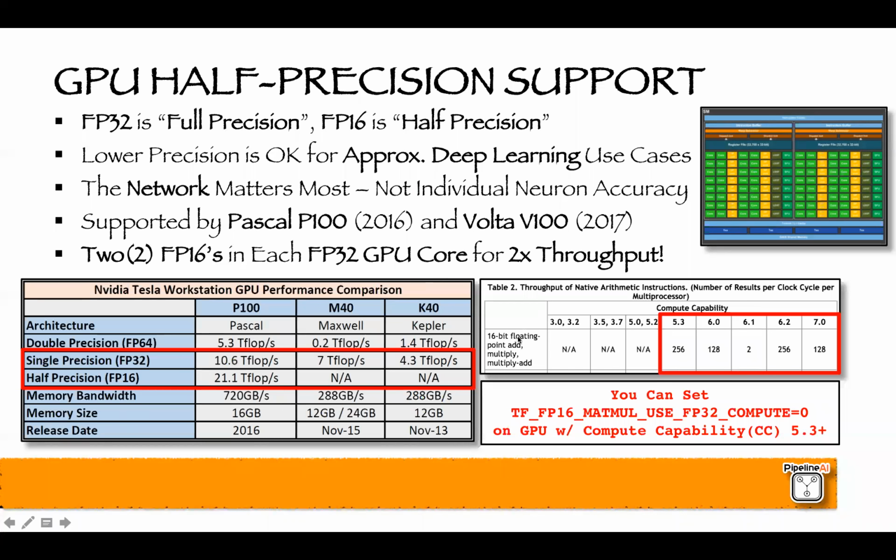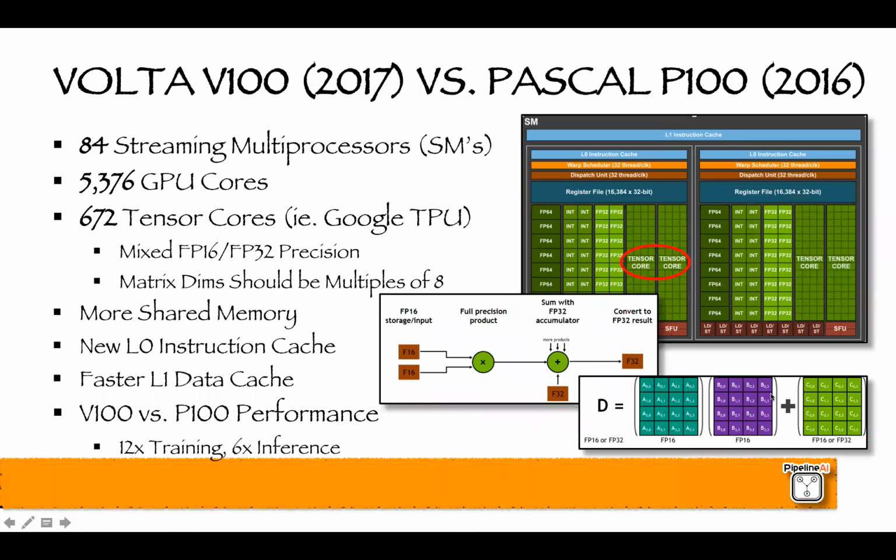So this is in reference to the 16-bit floating point add, multiply, multiply, add. Since 5.3, number of native instruction results per clock cycle per multiprocessor, so 128. Actually, this seems to have gone down there. 6.2. And you have to set this FP16 matmul use FP32 compute equals 0.